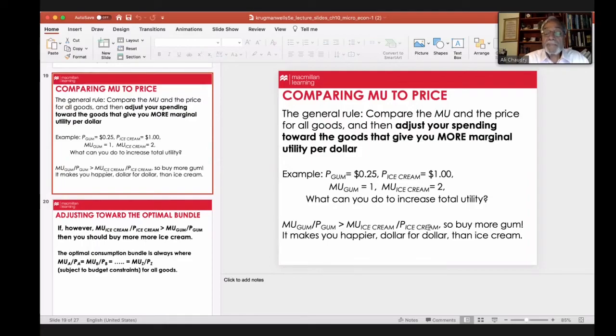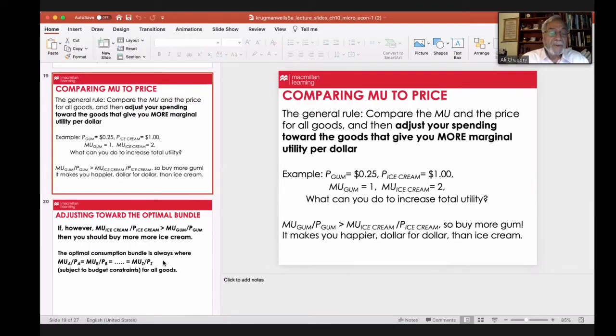Meaning that I want to reach a point where I pick different amounts of each item that I consume, at which point the utility I get per dollar spent is the same for the two items that I'm consuming. And if I'm consuming 10 items, the rule is the same.